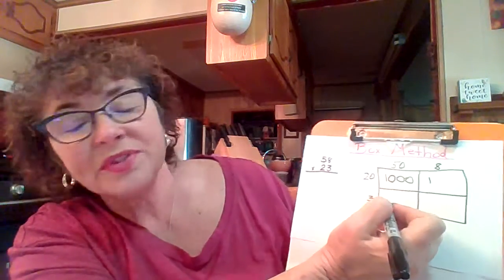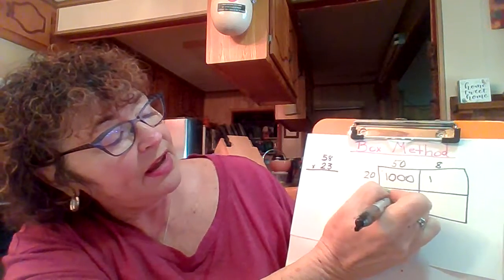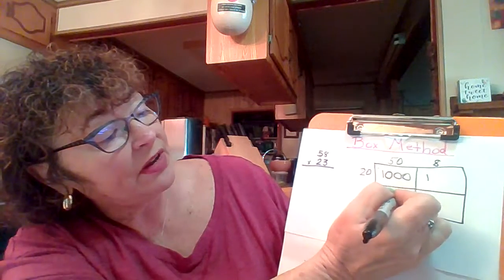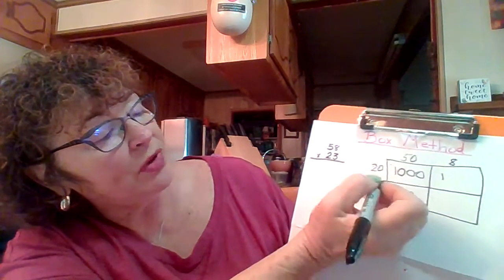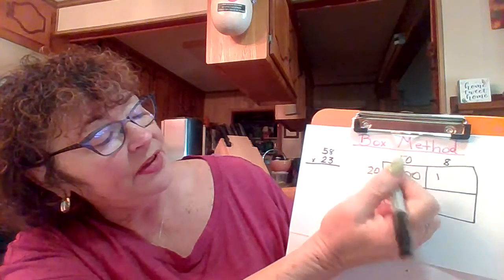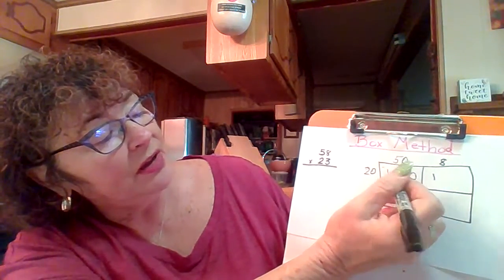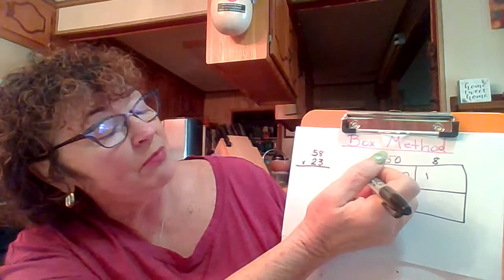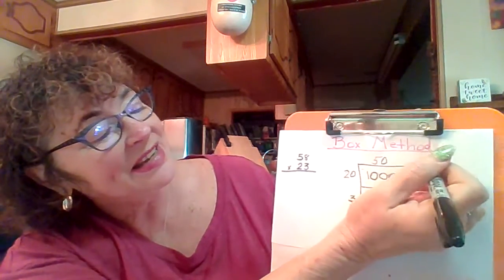And then we have to add that 0 from the 50. So 150. Okay, so we've multiplied the 20 times the 50 and the 50 times the 3, got 1,150.